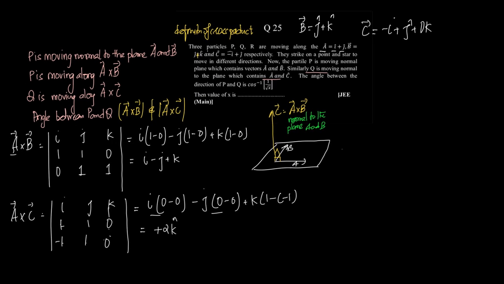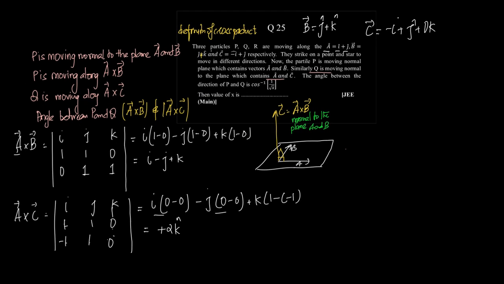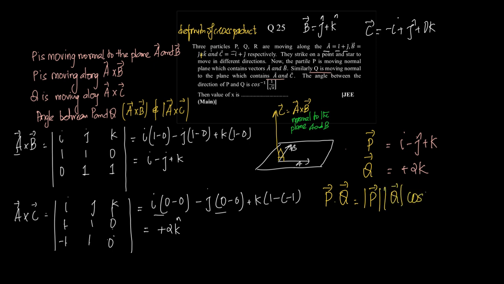So now we have vector A cross vector B is equal to I minus j plus k. And vector A cross vector C is equal to plus 2k. Now instead of A cross B and A cross C, I can write this to be vector P and vector Q. Now if I find out the dot product, vector p dot vector q is equal to modulus of p into modulus of q into cos theta.